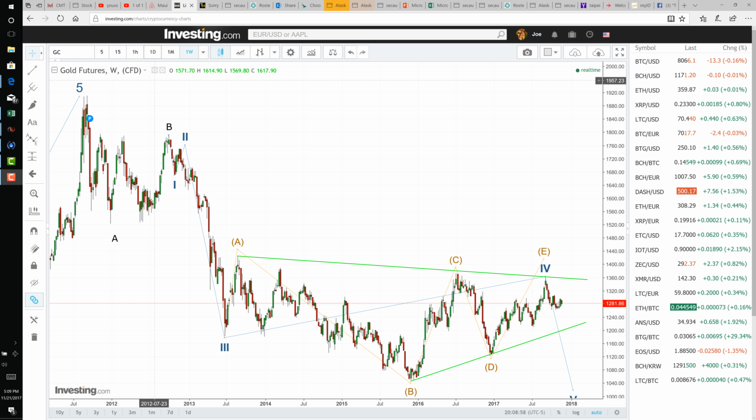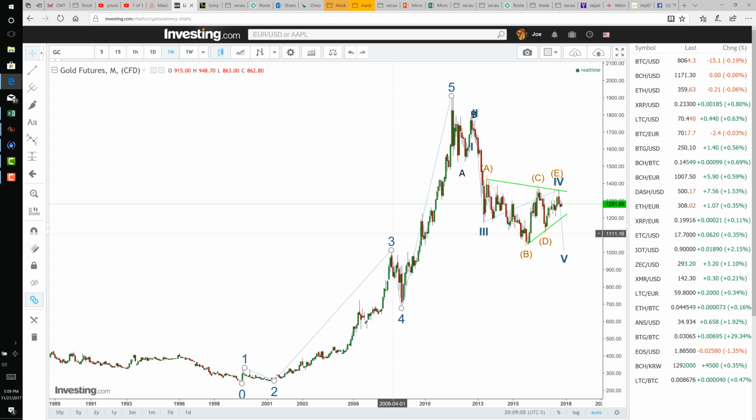And right now, if I start off with monthly, I'll go back to where I started first. I was able to basically count this as the 1, the 2, the 3, the 4, and the 5. Now, what's not clear is whether this is a 1, 2, 3, 4, and then this is wave 5 of 3, and then this will be wave 4 here.